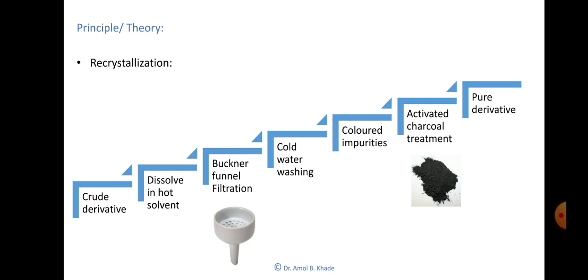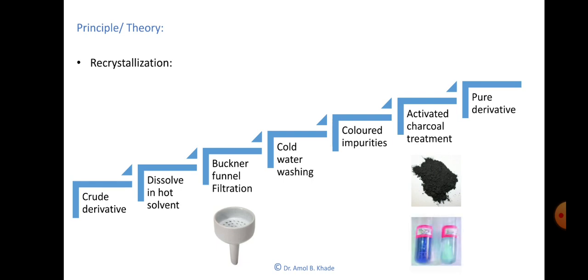You can boil this for about 5 minutes, and while it is hot, filter it again through the Buchner funnel without suction, and the filtrate will contain the derivative which is now free from the colored impurities. The colored impurities adsorb on the activated charcoal because it provides a high surface area, and that is retained on the filter paper.